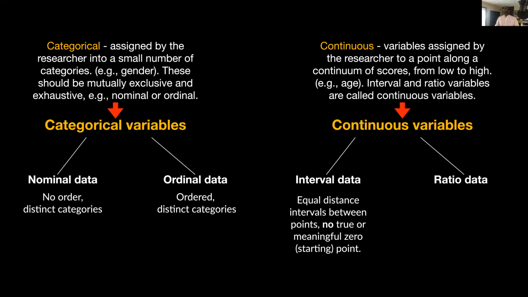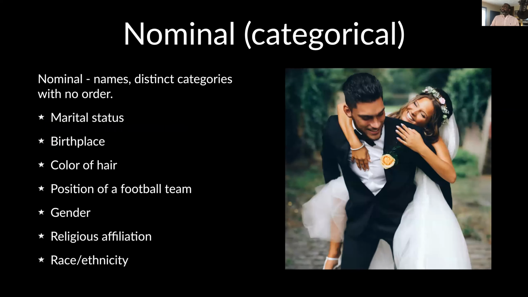Yeah. So they're in categories, but nominal doesn't have any order. So marital status, birthplace, color of hair, position on the football team, gender, religious affiliation, and race and ethnicity. And you can think of it this way.